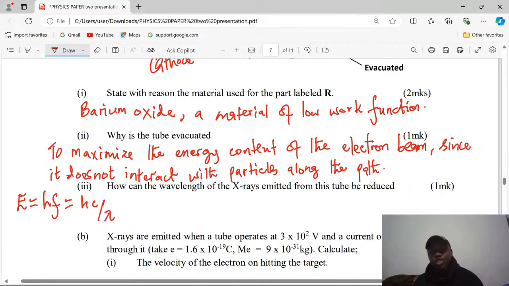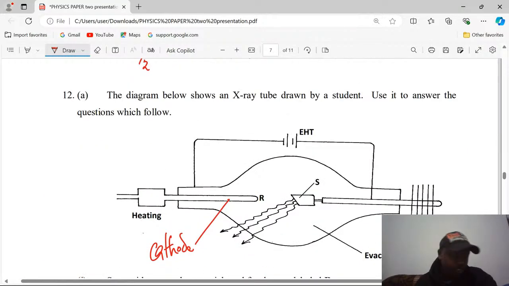So when the energy content is increased, there is something which has to be accountable for that.